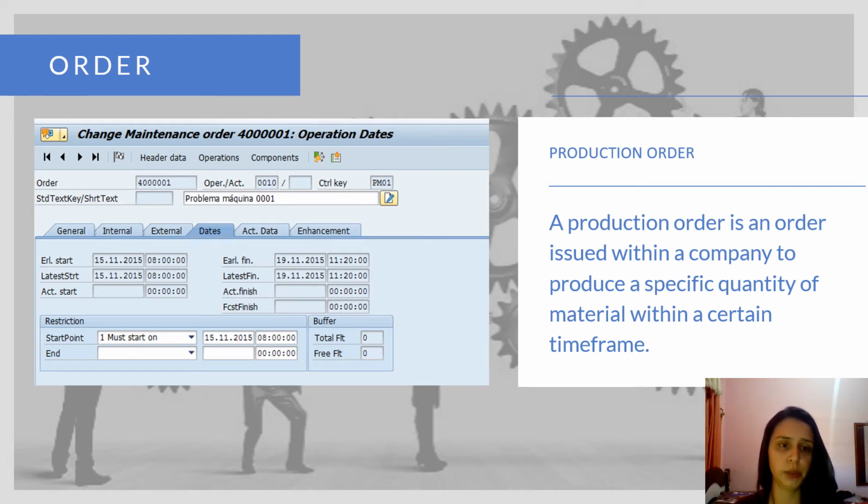A production order in my work, for example, is a report for me and other people of what materials and time will be necessary to produce a specific product for a customer.